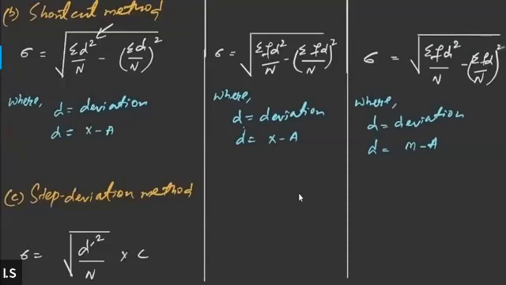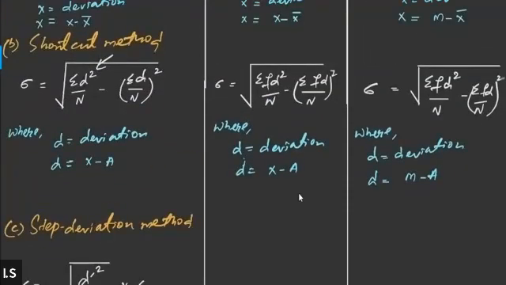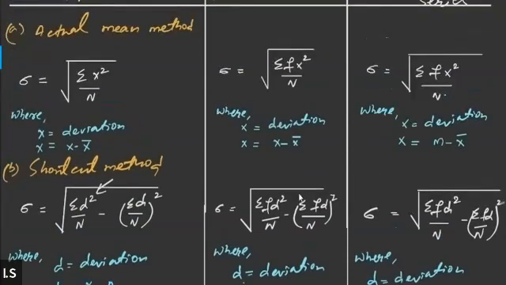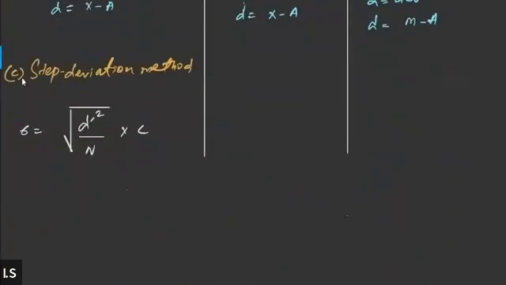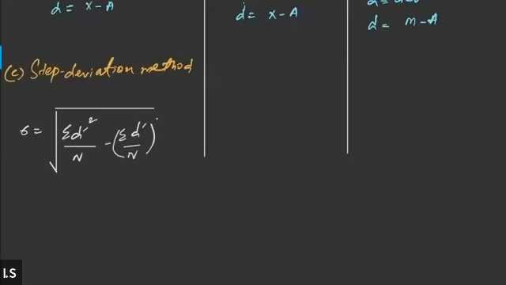So the formula is: sigma d dash square upon n minus sigma d dash upon n whole square, and then multiply it with the common factor.